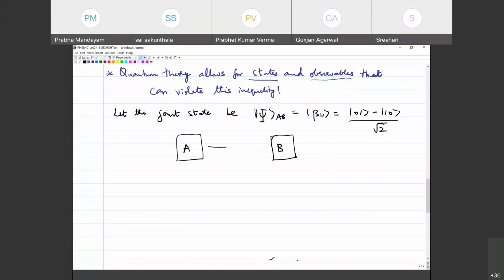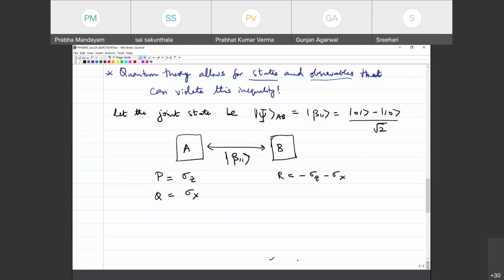So the shared state is beta 1, 1, and P, where I have to put little subsystems here, but it doesn't matter, P is basically the sigma Z observable. Q is sigma X. R is minus sigma X minus sigma Z by √2.